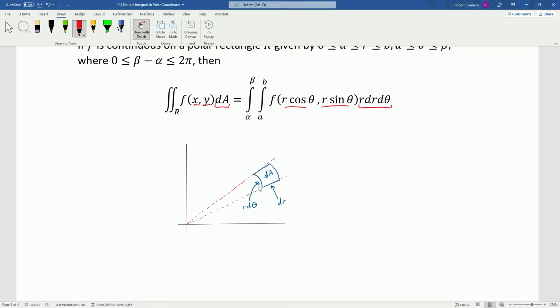And you find that length by taking the radius of the circle times the angle that's intercepted by that segment, I should say, or that arc. So if you multiply this together, you get r times dr times d theta equals dA. So that may be a helpful visualization.